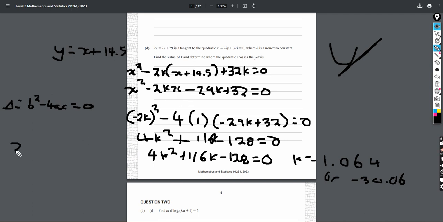So x squared minus 2 times k, minus 2 times 1.064, 2.128x minus 29 times 1.064. I'm almost certain this is wrong. This cannot be right.